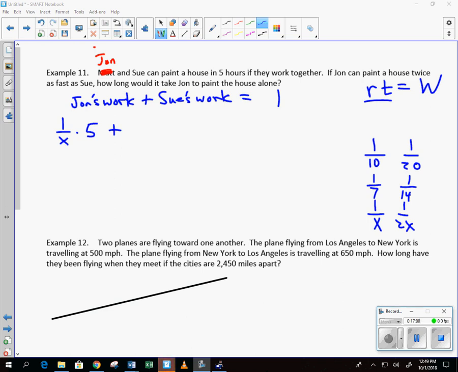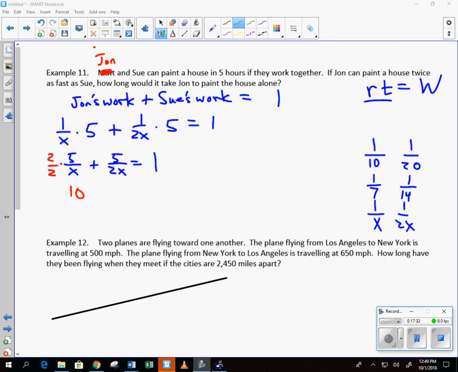Plus, what? 1 over 2x times 5 is equal to 1. Or 5 over x plus 5 over 2x is equal to 1. What now? Common denominators. Multiply top and bottom by 2.